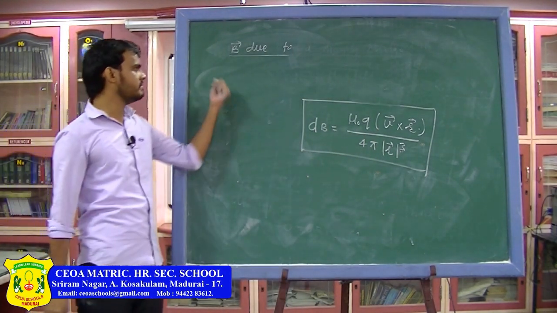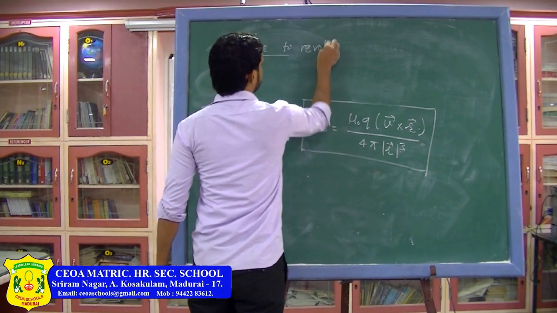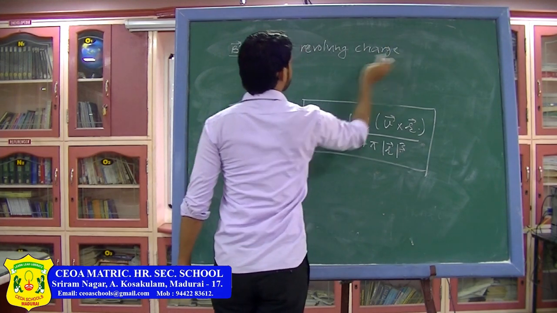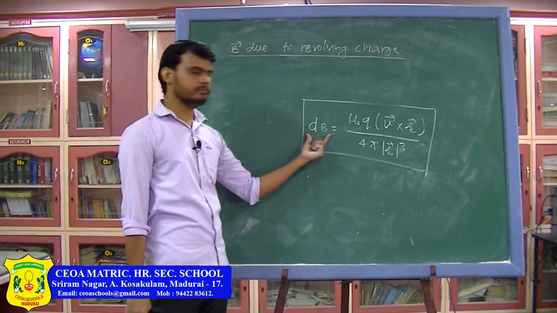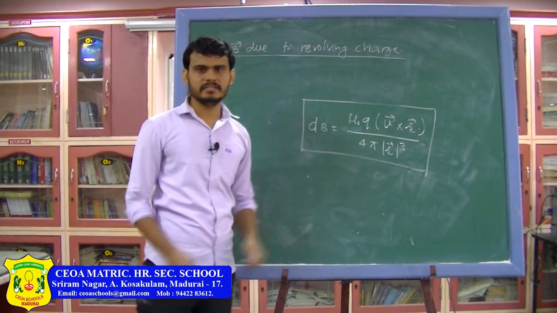The next heading will be magnetic field due to a revolving charge. So remember, this is the formula for magnetic field due to a moving charge with the velocity v.